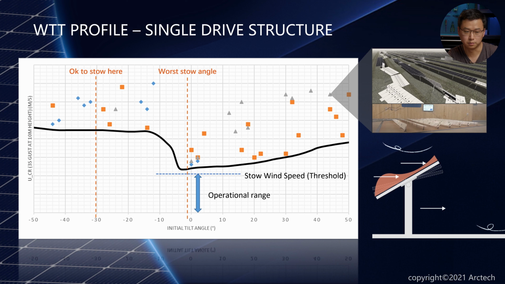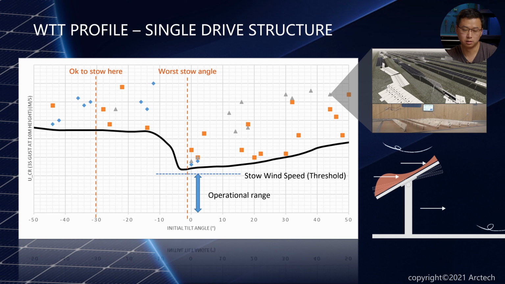And there's a square dot below it that represents another test, same angle, but the tracker gets damaged at a lower wind speed.